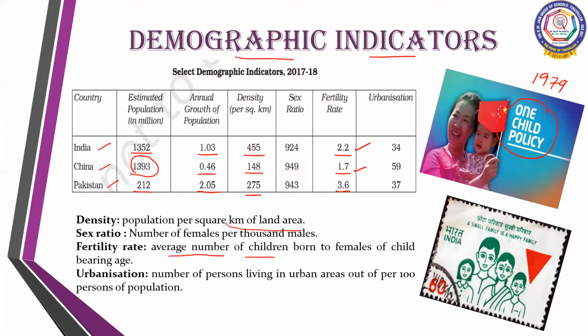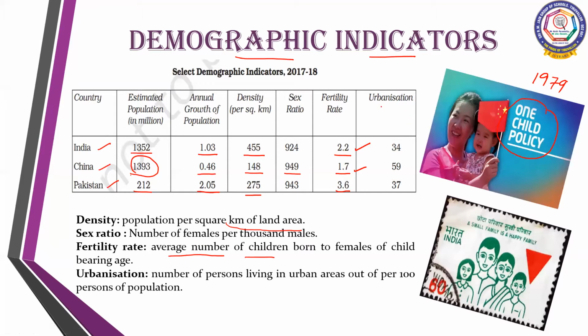Now, as far as the sex ratio is concerned, it is 924 in India, in China it is 949, and in Pakistan it is 943. So China has the highest sex ratio of 949. Sex ratio is the number of females per 1,000 males.